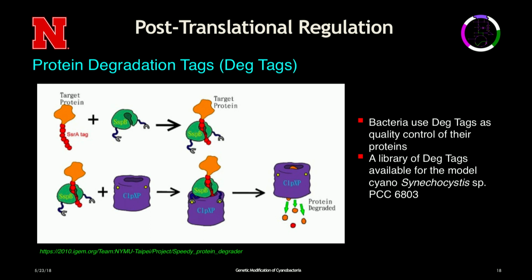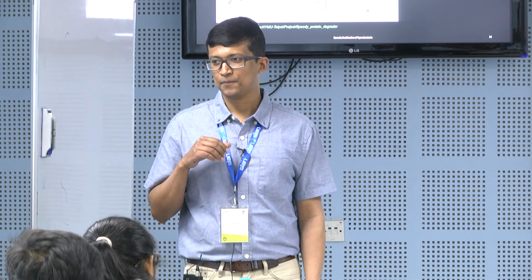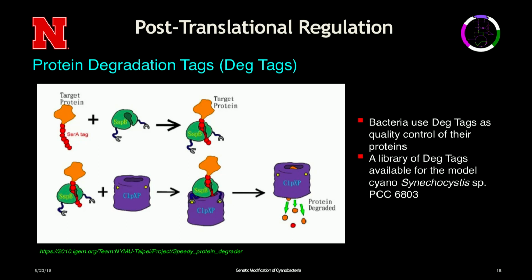Does anyone know? So, what is a degradation tag basically in a protein? Go ahead. Targeting a protein so that it can be degraded, and it's like in bacteria ubiquitination is similar to this. I mean, ubiquitin is a protein which targets a specific protein, and then it takes the protein to the proteasome, and that will degrade the protein. Right.